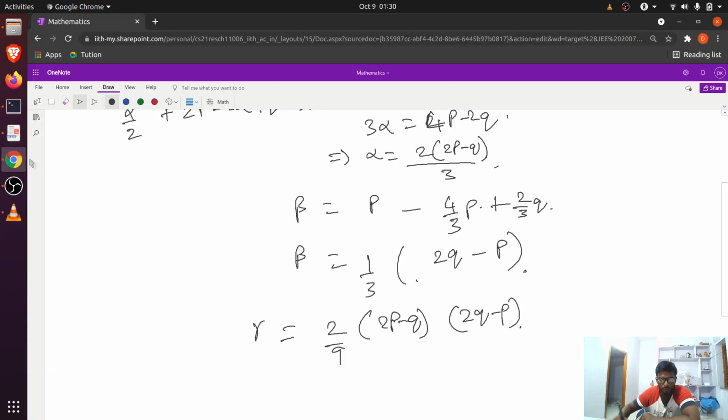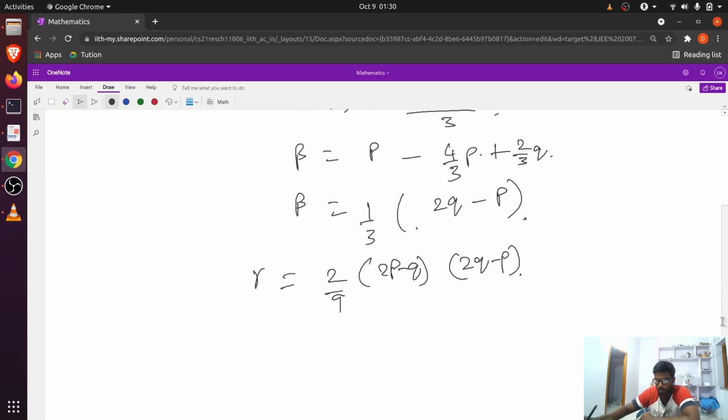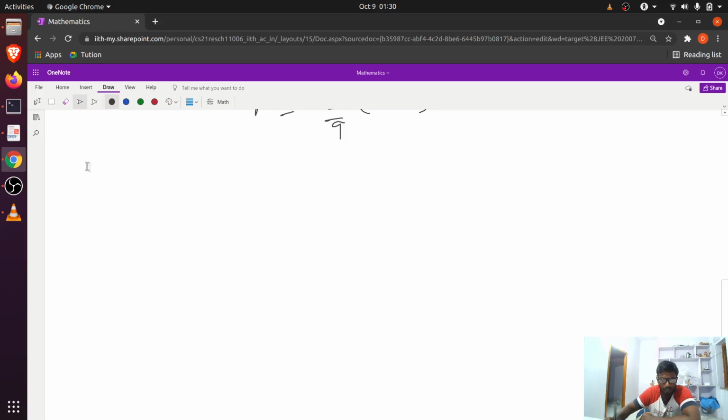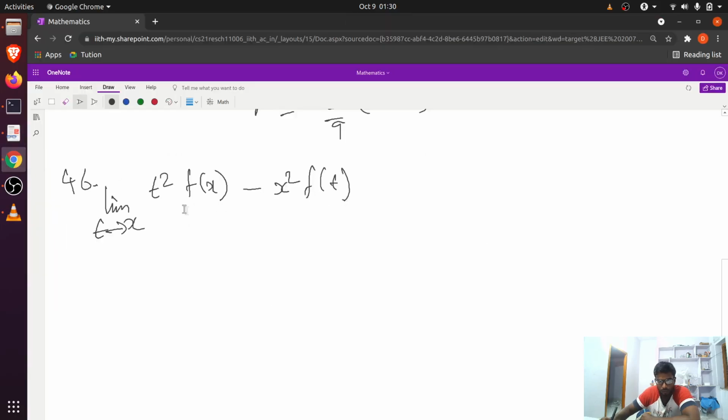The limit that we have is limit t tends to x of t square into f of x minus x square into f of t divided by t minus x is equal to 1.